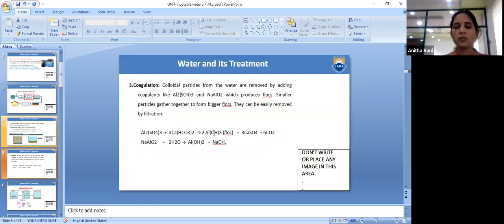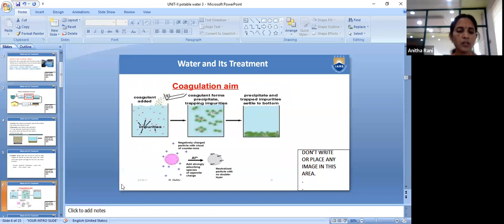This aluminum hydroxide floc attracts the negatively charged particles present in the water and forms a bigger floc, which settles at the bottom of the tank by gravitational force. After that, we go for filtration and collect the clear water. So that is the third step, coagulation.